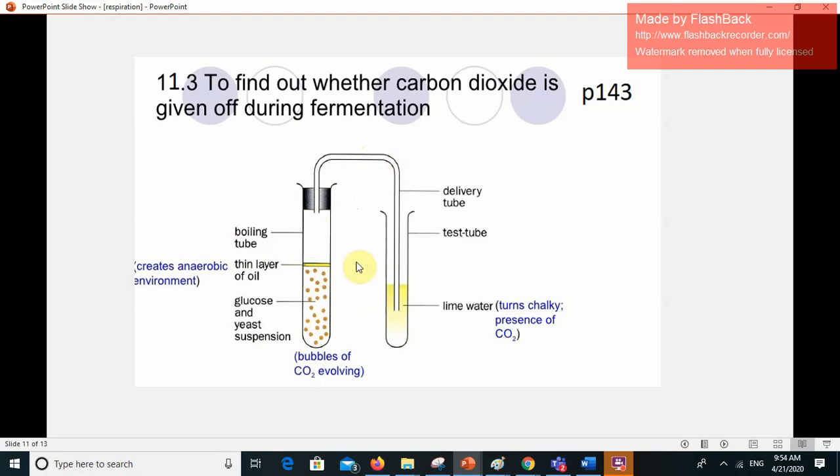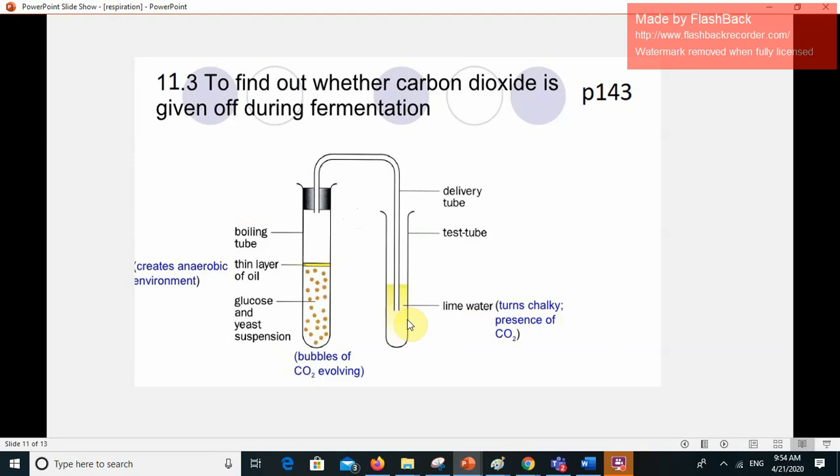So the carbon dioxide can go up through the oil, but nothing else can get inside. Okay, here is the investigation. As we said, it's shown on page 143. You have to know how this apparatus is set up and the result that goes milky.